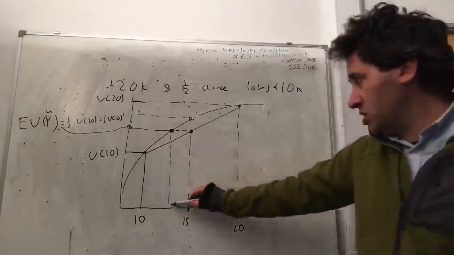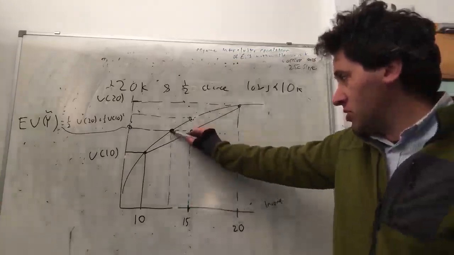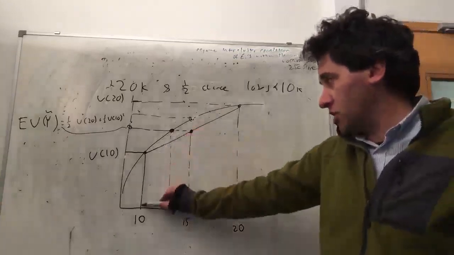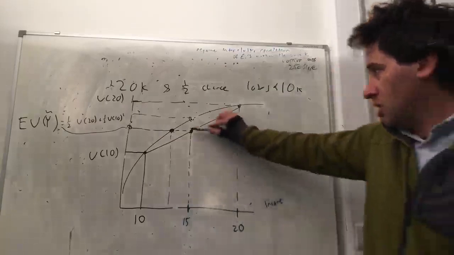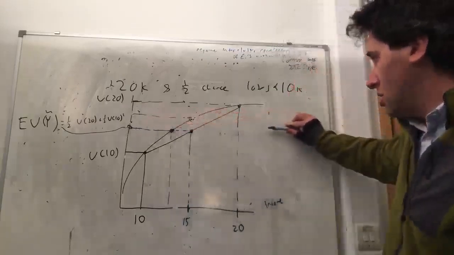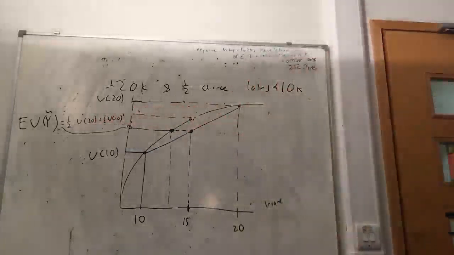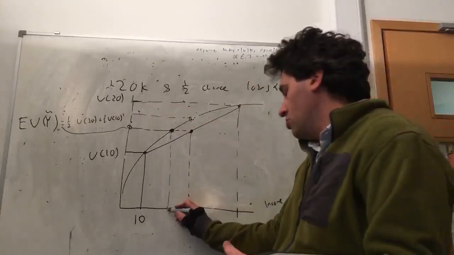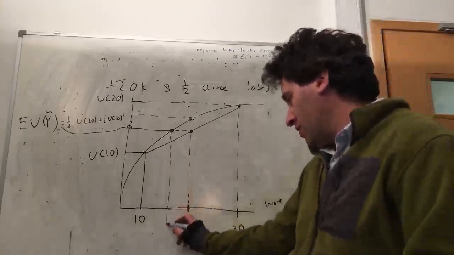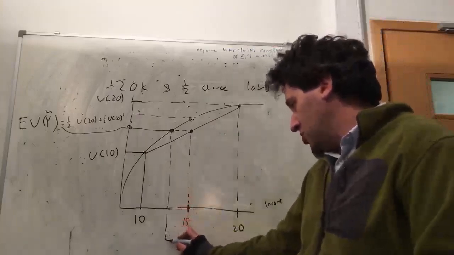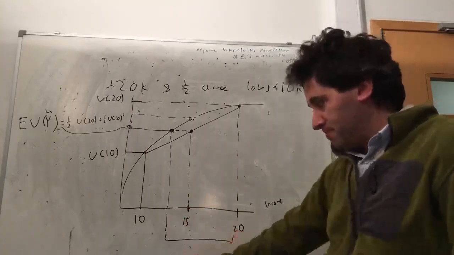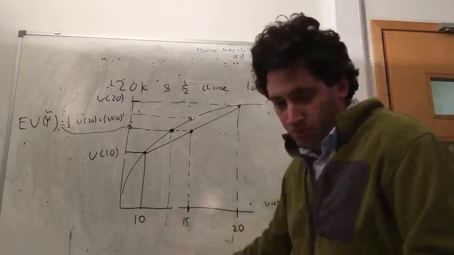Because if I have this income for sure, I get the same utility as if I have a 50% chance of 10 or 20. These are on the same vertical line. So the most they would be willing to pay would be the distance between 20 and this point. Okay, now we get to problem B.